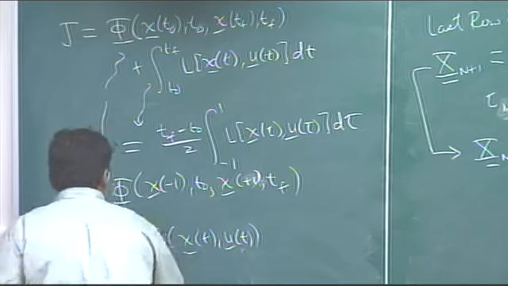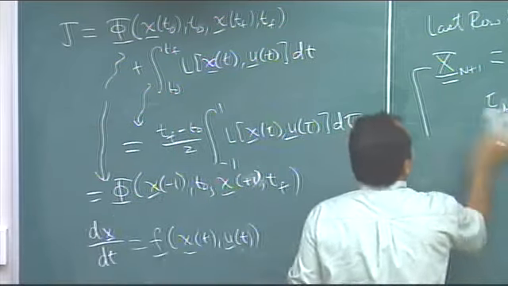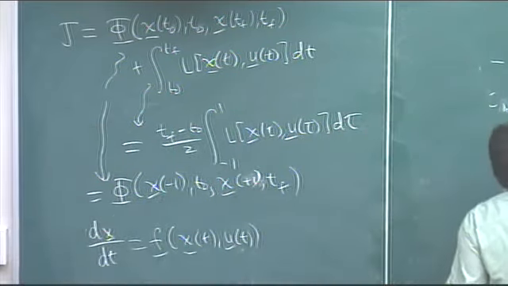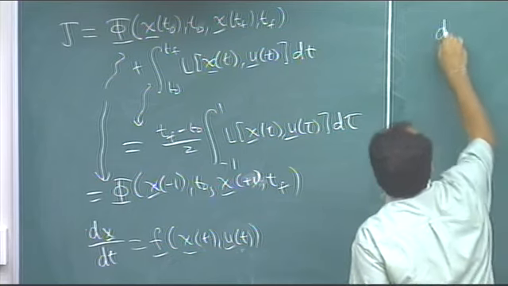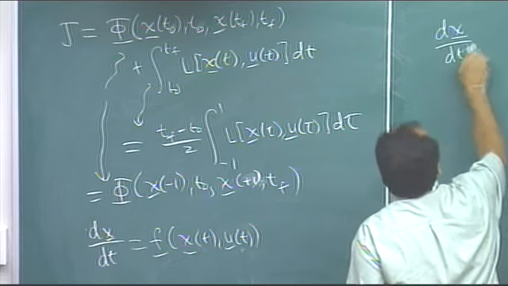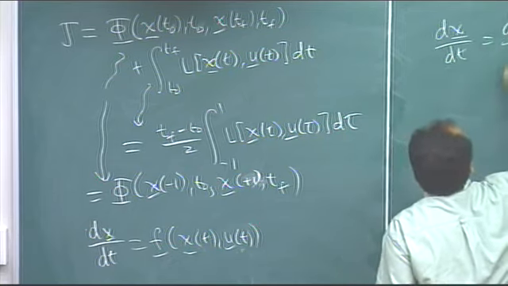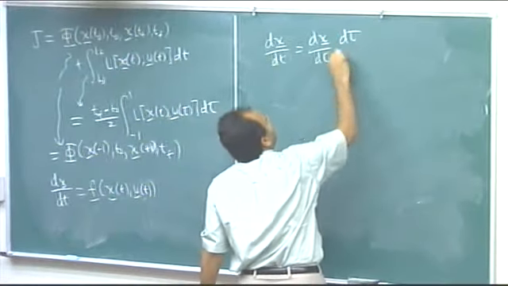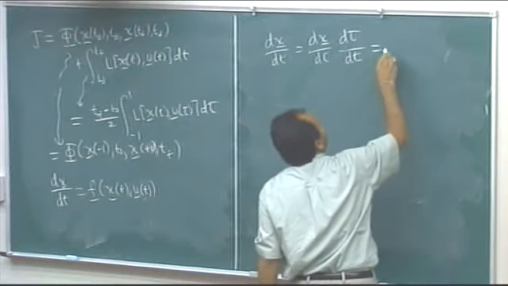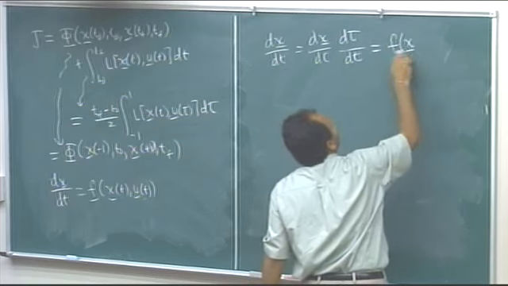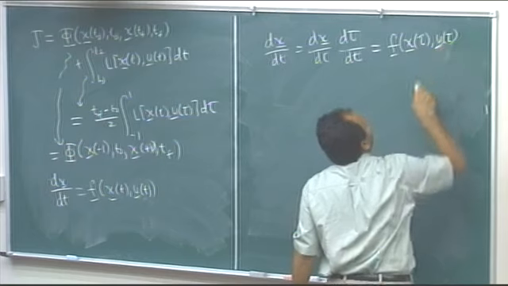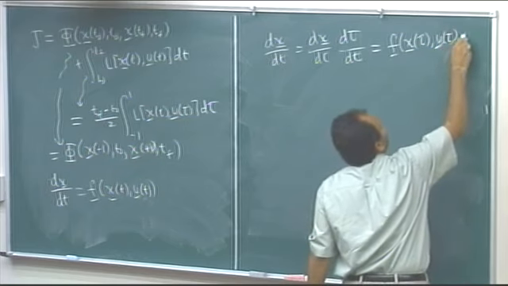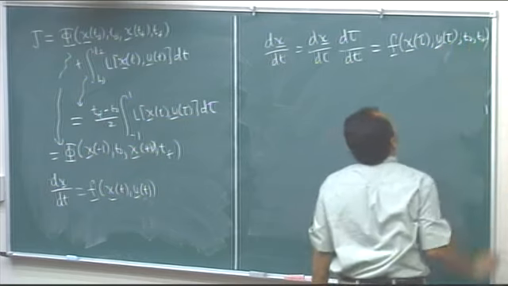And if you look at that, you can see that it gets written as follows. If I change to the interval -1 to 1, so I let tau go from -1 to 1, I've got dx/dt equal to dx/d tau times d tau/dt, which is equal to f(x(tau), u(tau)). And now I introduce t0 and tf in here because they're going to be functions.